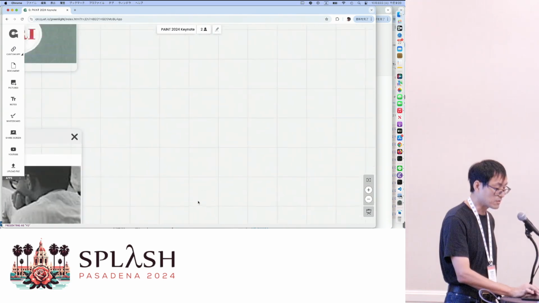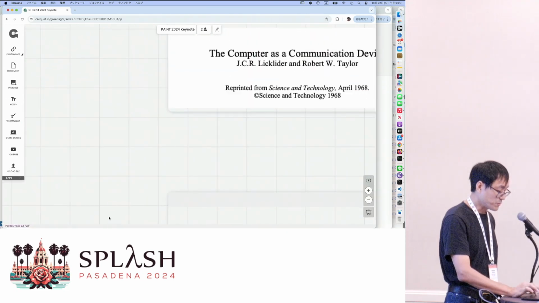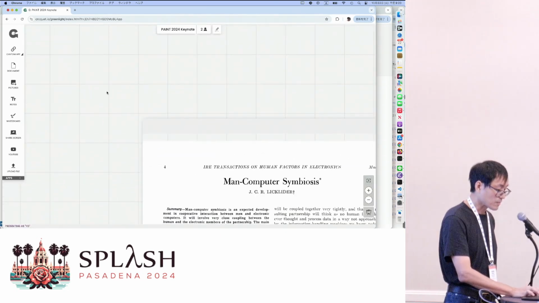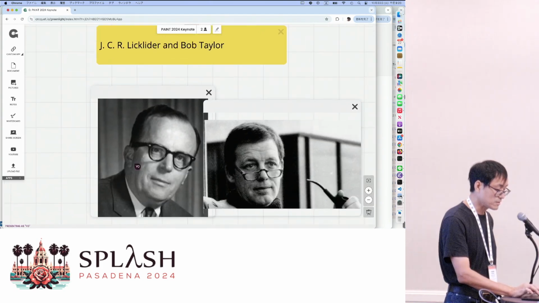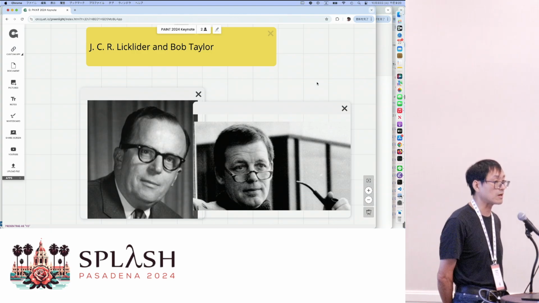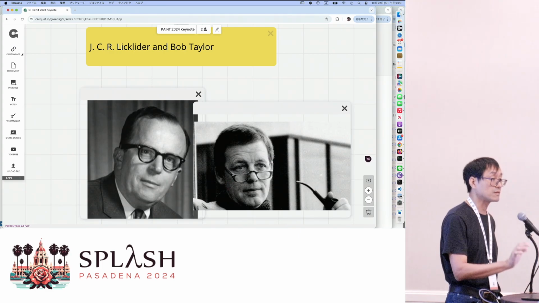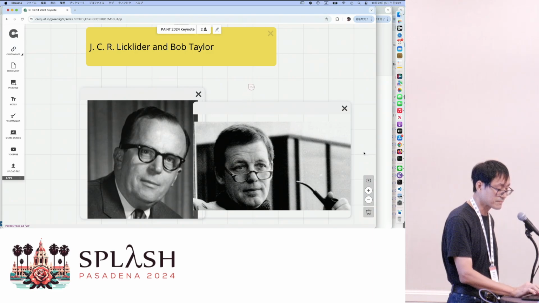Their work was government funded. There was a government funding agency called ARPA IPTO, and J.C.R. Licklider and Bob Taylor were two of the directors.